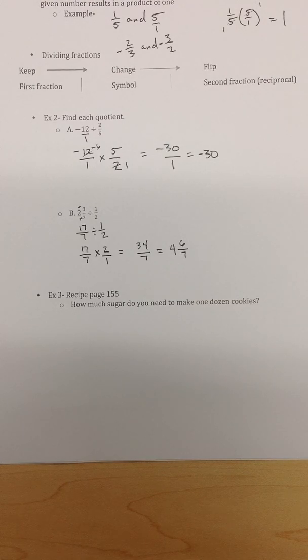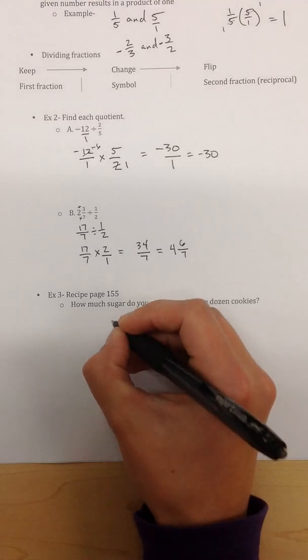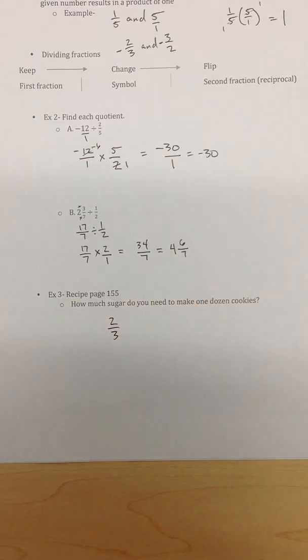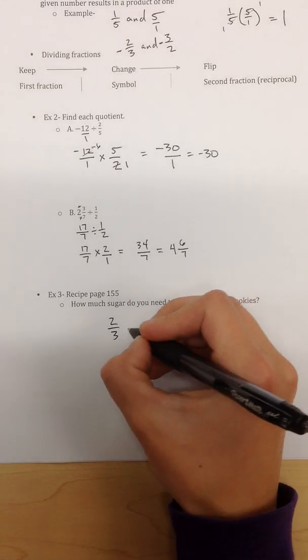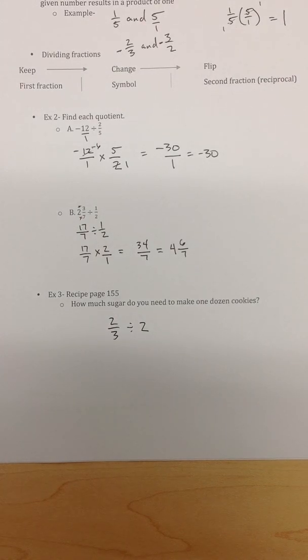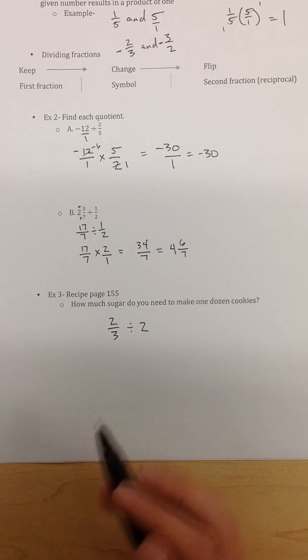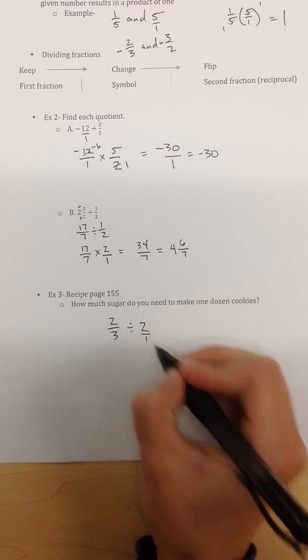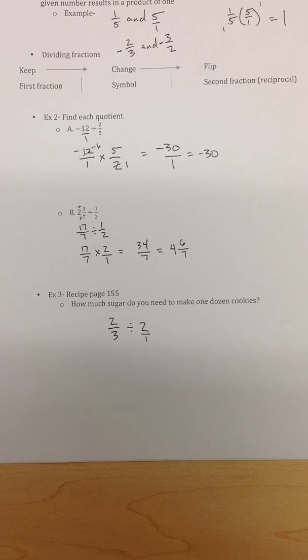So sugar, it looks like in our recipe, was 2/3 of a cup. So 2/3 of a cup of sugar. And if we just want half of that, we're basically dividing our recipe in 2. So what I would do here is I would then take 2, since I want just half the recipe, and I'm going to turn that into a fraction.